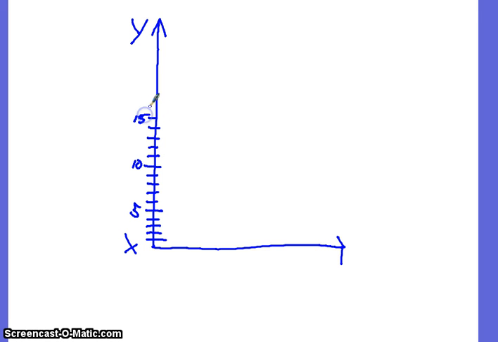I'm going on the y first, and I went up to 20. And on the x, I'm going to go up to 10.